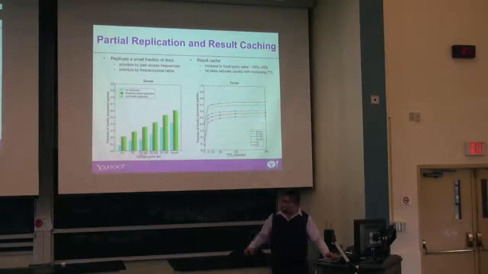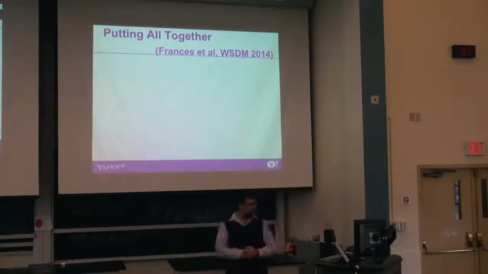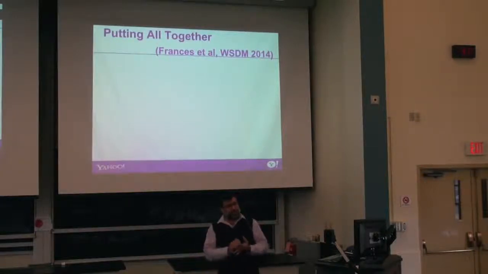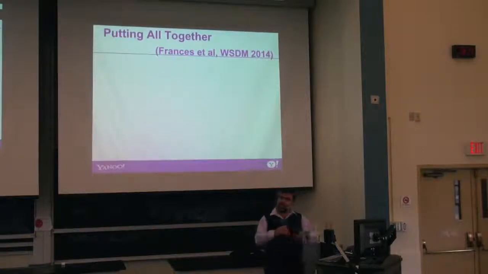So here are some results on partial replication and subcaching, but let me go to the final step. Okay, let's put caching, let's put replication, but now let's use machine learning to predict where to send the query, and not to every server, but just the right server.